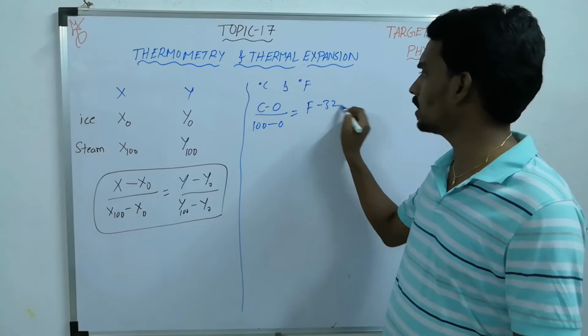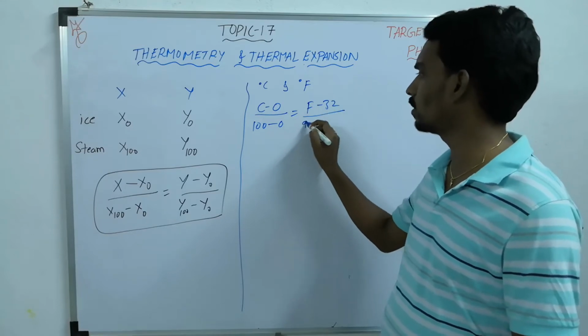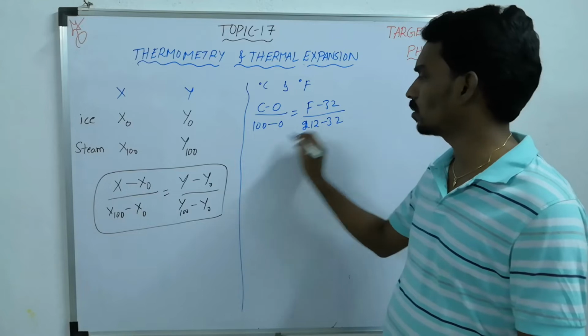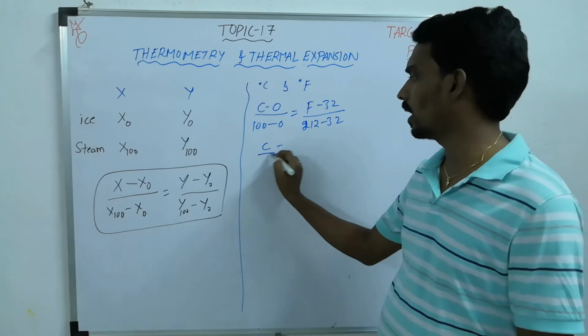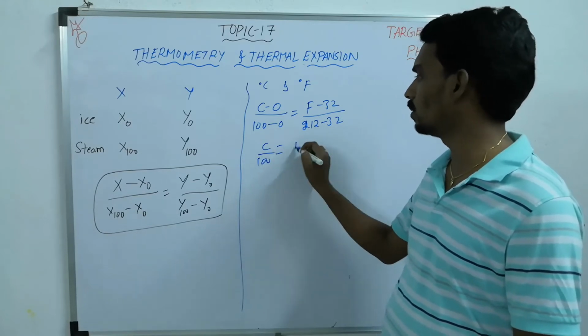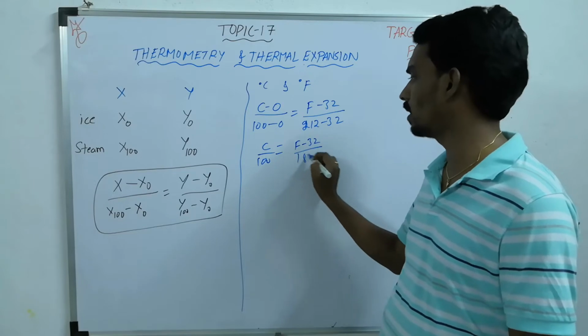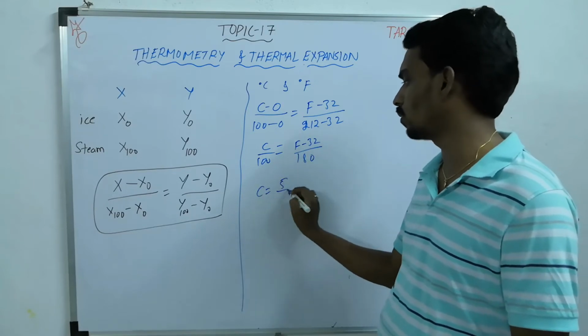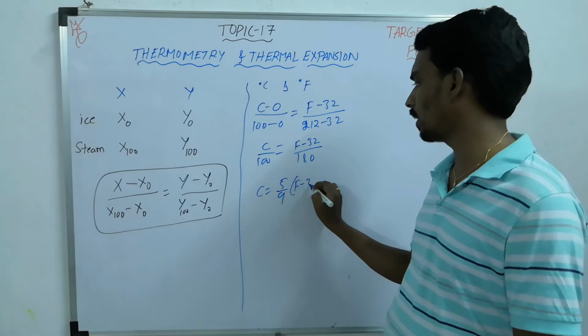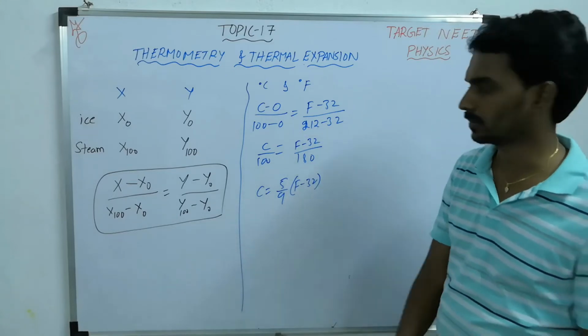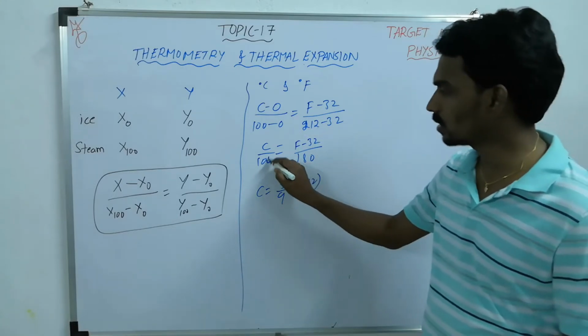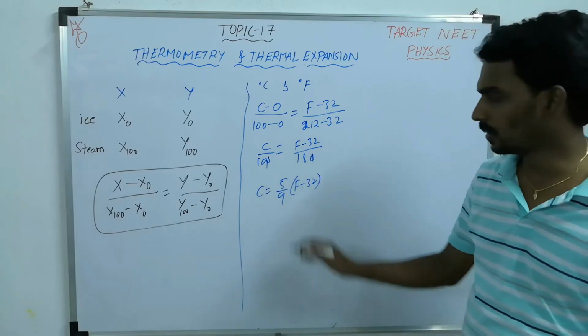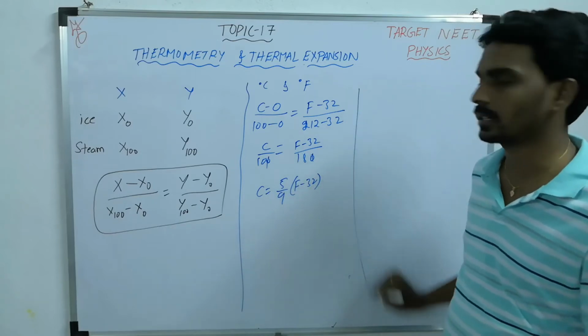In Fahrenheit, the ice point is 32 and the steam point is 212. So C by 100 equals F minus 32 by 180. So C equals 5 by 9 times (F minus 32). This is the relation between the degree Celsius and Fahrenheit scale.